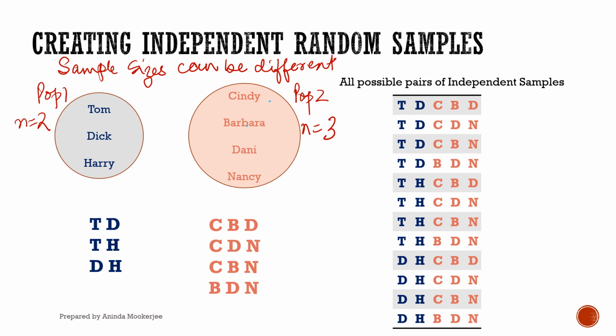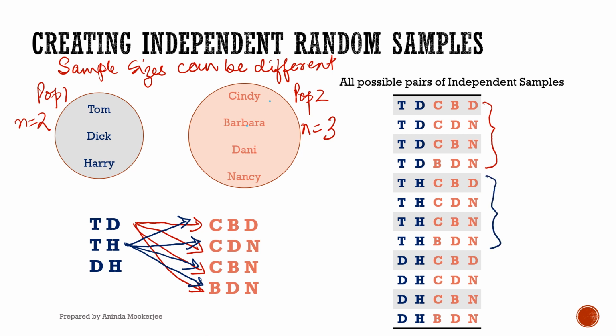All right, so what they've done is they've combined TD with CBD, TD with CDN, TD with CBN, and TD with BDN. So these are the first 4. And then they have done the same thing with TH. So they've combined TH with CBD, TH with CDN, TH with CBN, and TH with BDN, which are these 4.